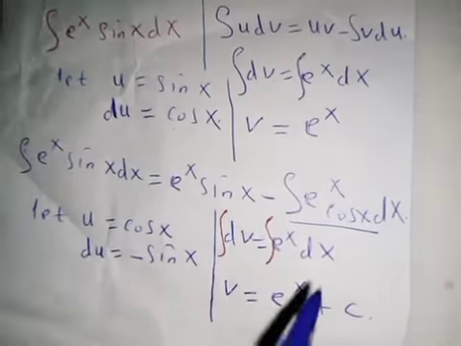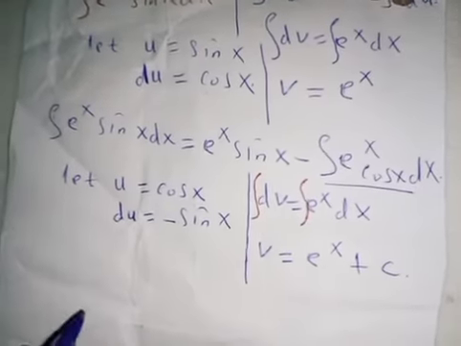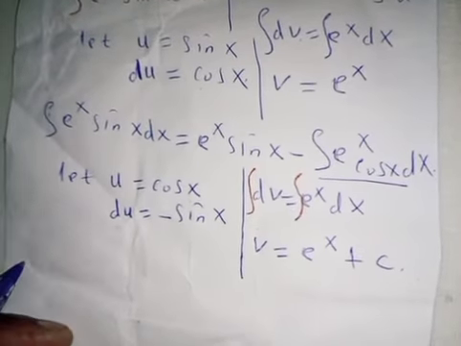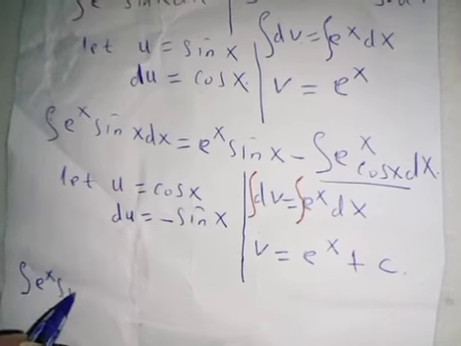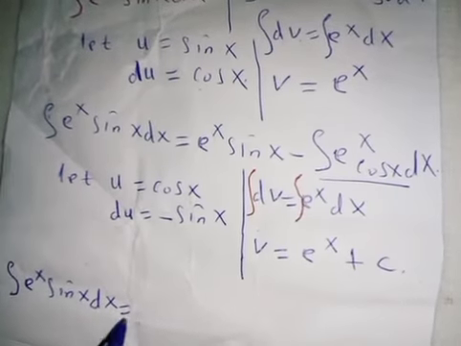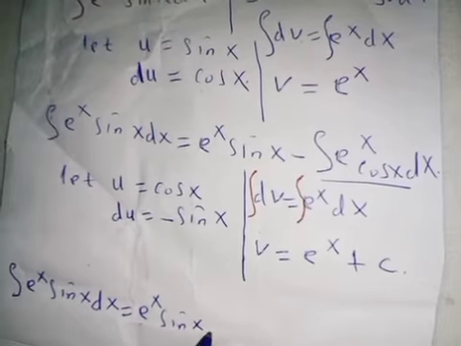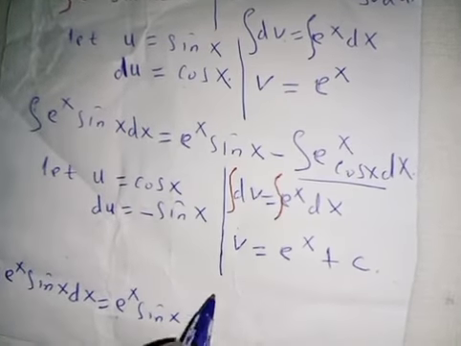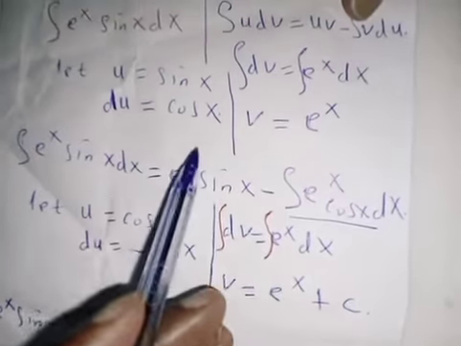Then we come and substitute there now. So we write all of it here. We have integral of e^x sine of x dx is equal to exponential x sine of x minus, we subtract it now. We are going to employ this formula here.